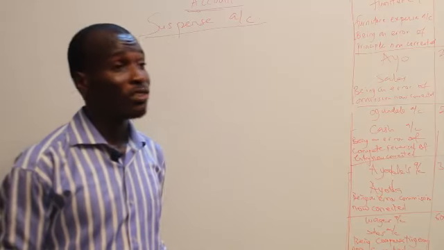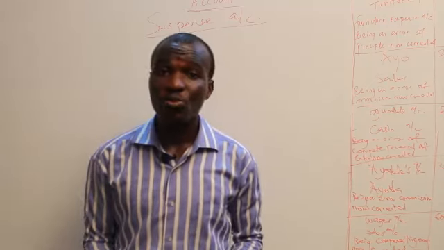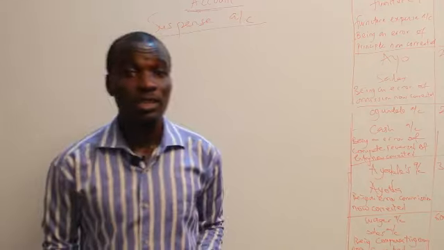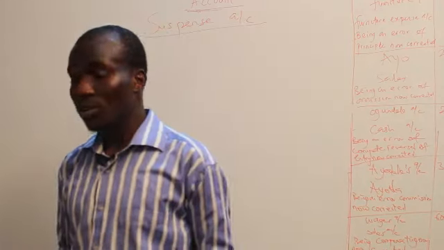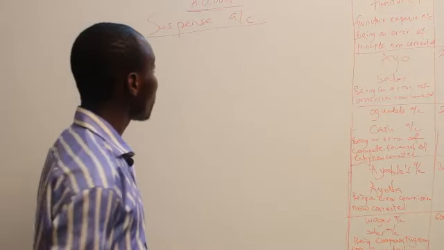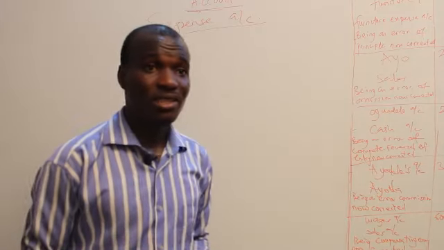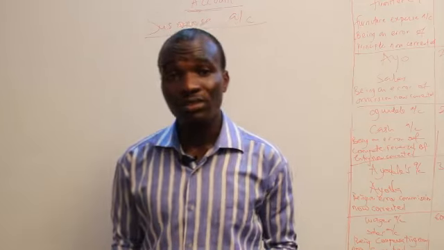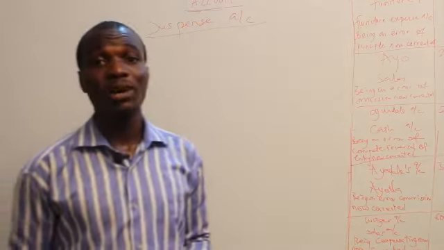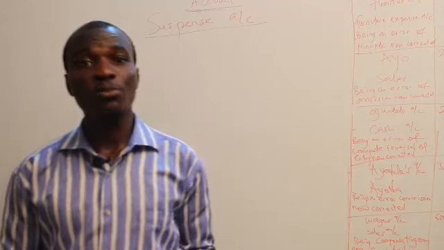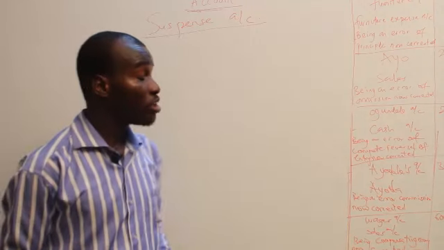So all of the differences in the trial balance will be temporarily recorded in an account which is called the suspense account. So we are going to look at this category of errors that will affect the trial balance. There are some categories of errors when they occur, there won't be an agreement in the trial balance, that is, the debit entries will not be equal to the credit entries.